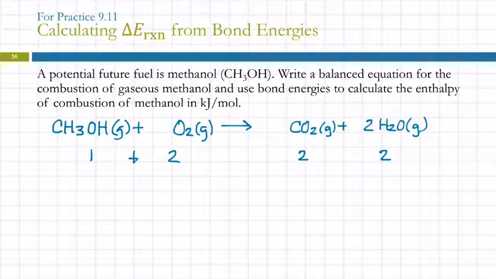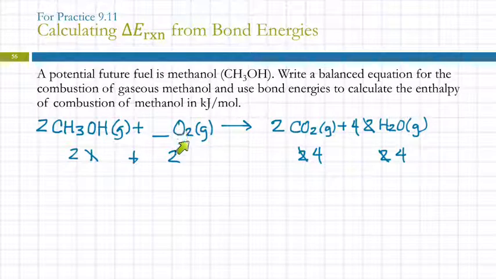So what we can do is we could just double all the coefficients, and that'll give us even numbers. So if we double the coefficients, we're going to put a 2 here. This is the one we're messing with, so we're going to leave that one blank for now. We're going to change this to a 2, and we're going to change this to a 4. So now we have 4 oxygens here, 4 oxygens there, 2 oxygens here, and then we can mess around with this and not mess up the hydrogens or the carbons.